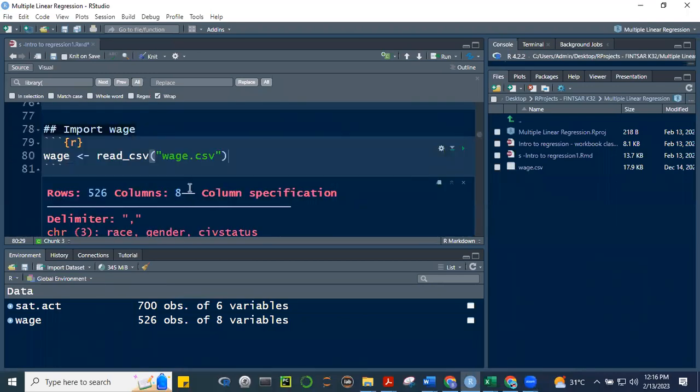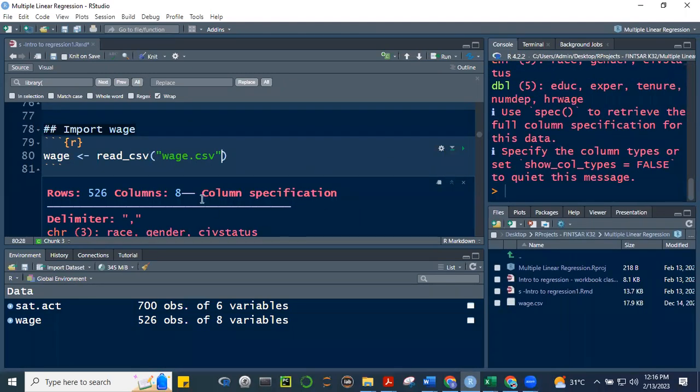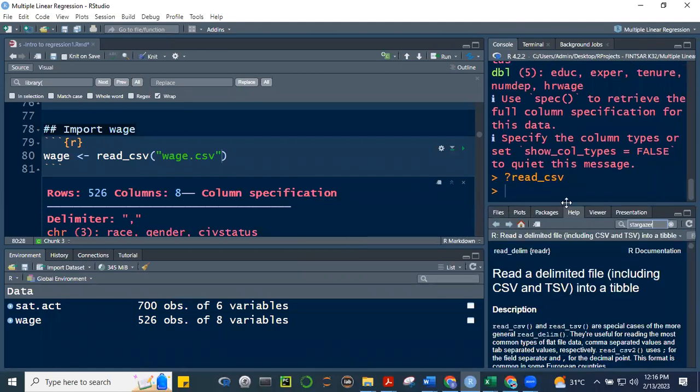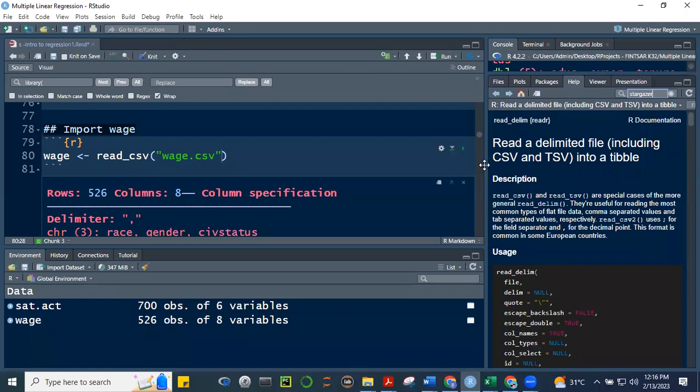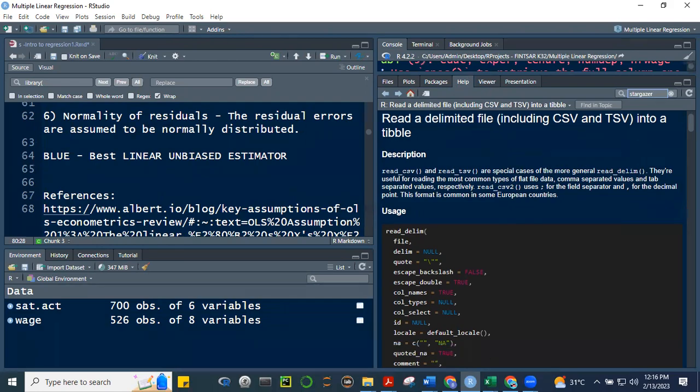Actually, may mas pa, no? If you take a look at that, kasi shortcut lang natin, we use a default. But if we check yung function na to, read underscore csv. Okay. So what does this do? Read underscore csv and read underscore tsv are special cases of the more general read underscore delim. Okay, so may mga example tayo dito.